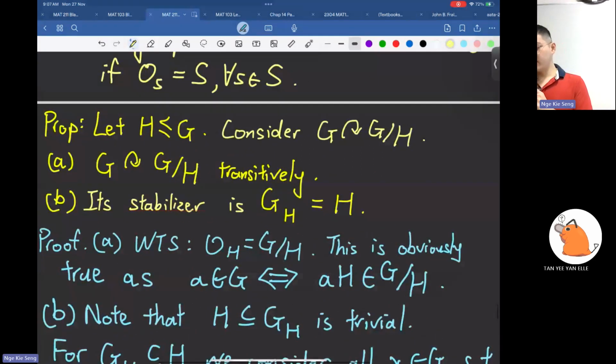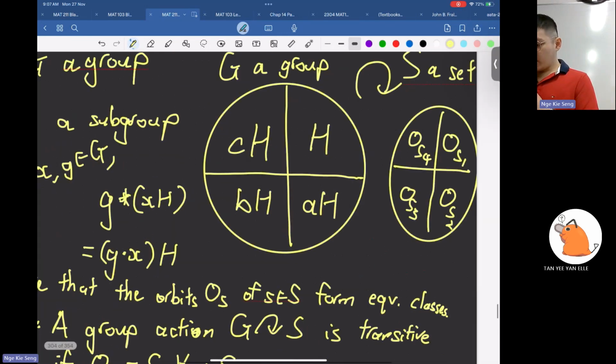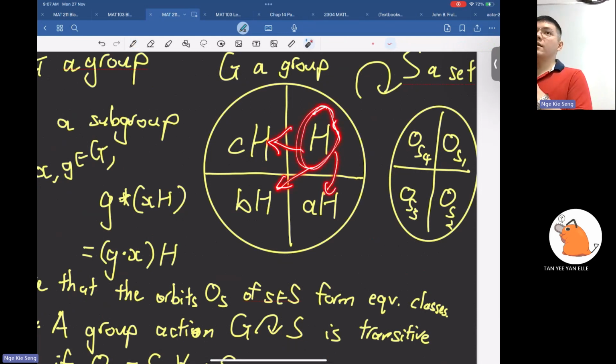So to show that a group action is transitive, you need to show that the orbit of any element is equal to the whole set. That means I want to show that the orbit of something is G over H. What can we pick? We can easily pick H. If I pick H, I need to show that I can move to the other cosets by acting with a group element.